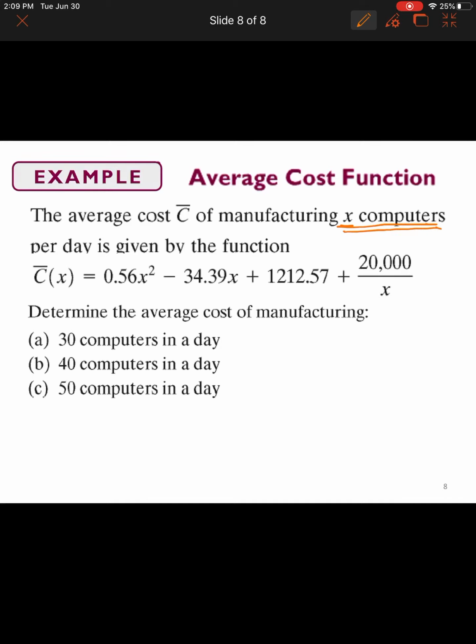It says determine the average cost of manufacturing, part A, 30 computers. So that's letting us know that x is equal to 30 for part A, x is equal to 40 for part B, and 50 for part C. Each time you would just plug x into the function.